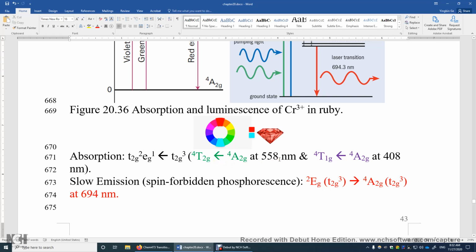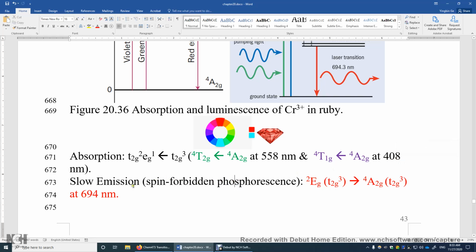It can also absorb violet photons and change its electronic state from 4A2g, the same ground term, to 4T1g. There's actually a symmetry change here from 2 to 1, at 408 nanometers, and this is violet light.